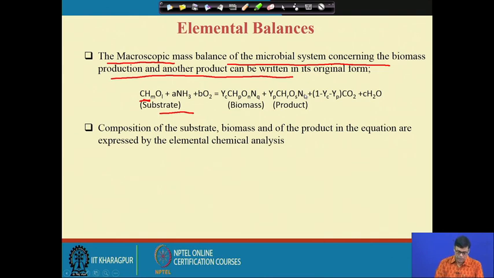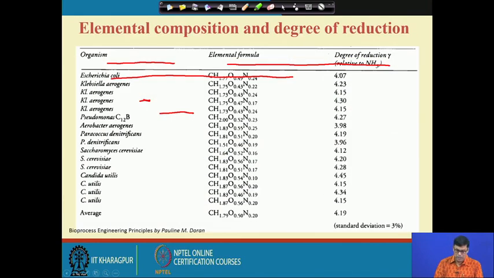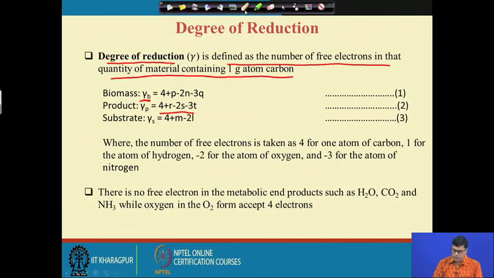This is how we can write it, and similarly for the substrate we can find this out. Here, the number of free electrons taken is 4 for 1 atom of carbon, 1 for hydrogen, minus 2 for oxygen, and minus 3 for nitrogen. This we shall have to remember. There are no free electrons in the metabolized end products, such as water, carbon dioxide and ammonia, while oxygen O2 accepts 4 electrons.